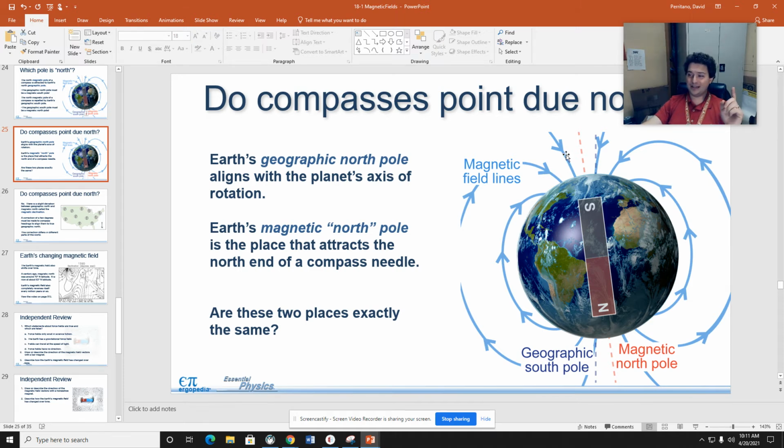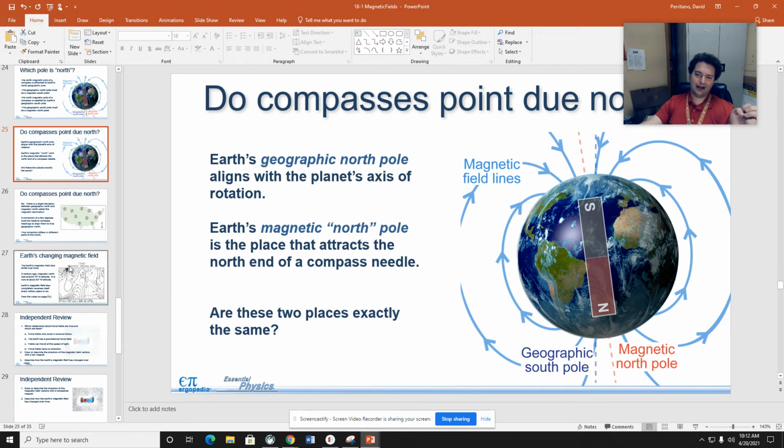And see that you got a red line and a blue line? This blue line is the geographic North Pole where Santa Claus allegedly lives. The red line is the magnetic South Pole. So not only are they on opposite sides of the planet, they're a little off. You need to know that. Magnetic South is near geographic North and vice versa.